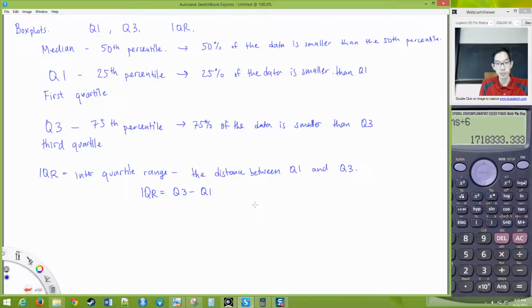Okay? The IQR is the interquartile range, and the range, the plain old range, is the distance from the max to the min, or the distance from the min to the max.